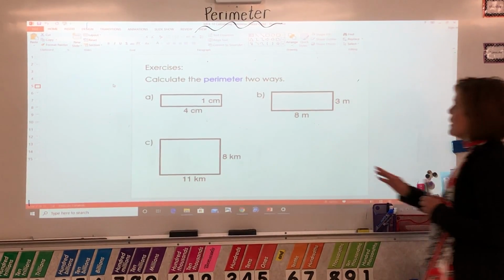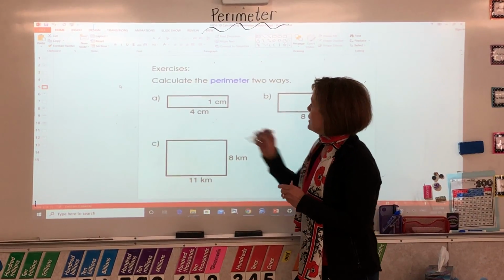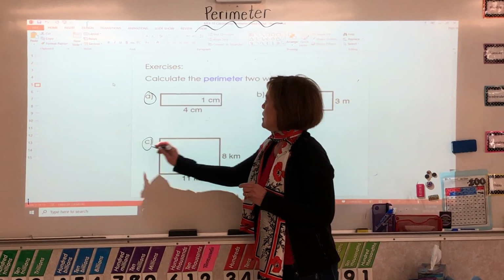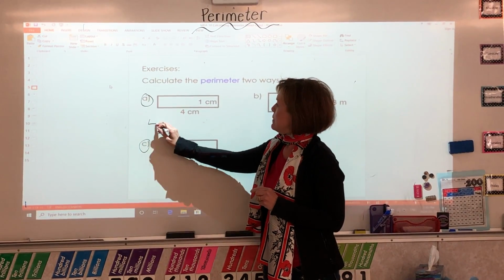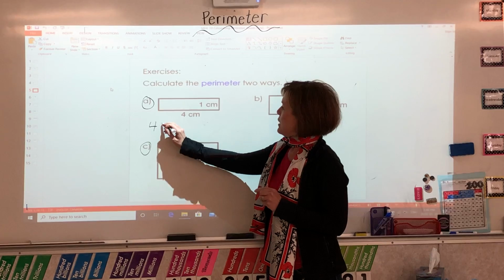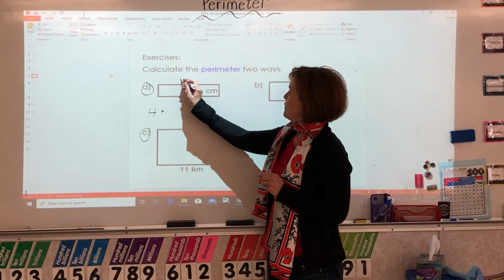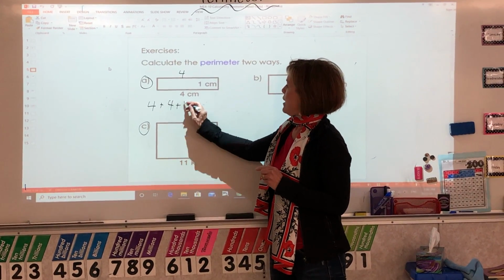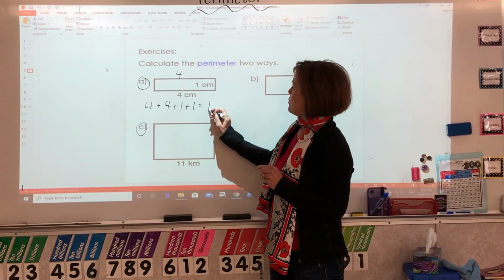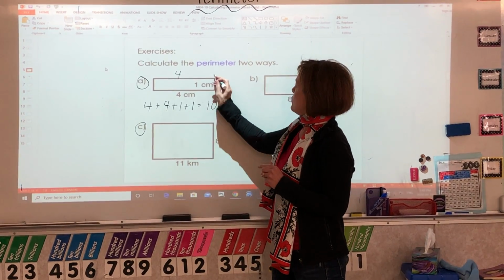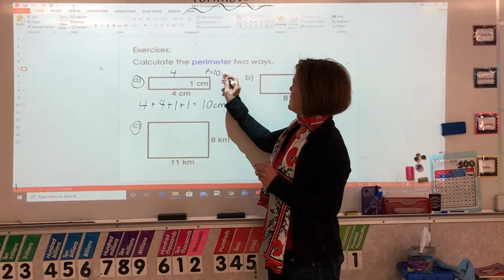All right, so let's calculate the perimeter in 2 ways. So let's do A and C. So way 1 would be what we maybe did in grade 3, which was we add all the sides, 4 plus 4 plus 1 plus 1, and that equals 10 centimeters. So we could put perimeter is 10 centimeters.